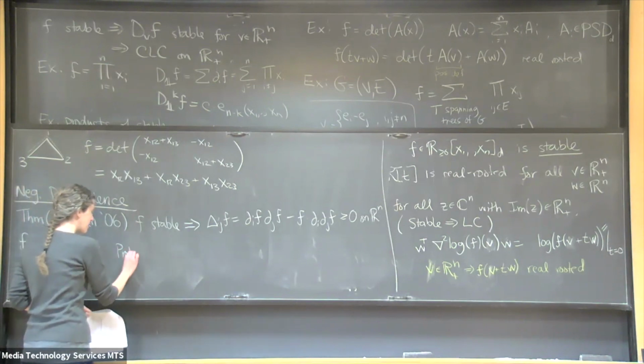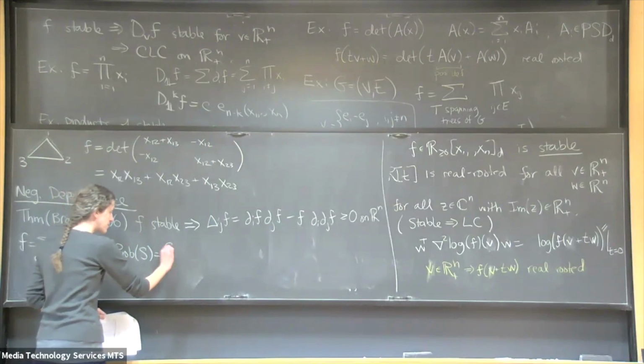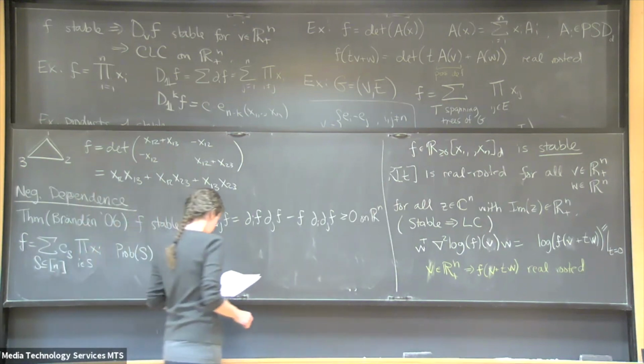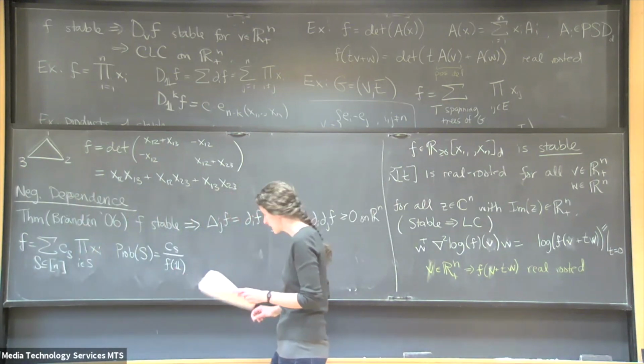Let's say the probability of seeing a particular subset is just the coefficient divided by the sum of all of them, which I can get by evaluating at all ones.